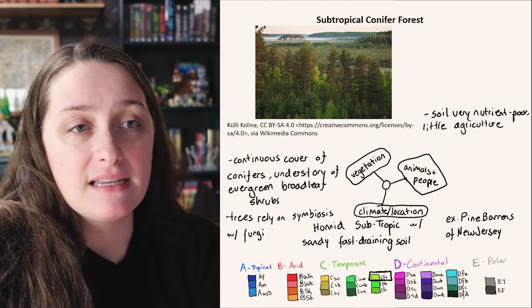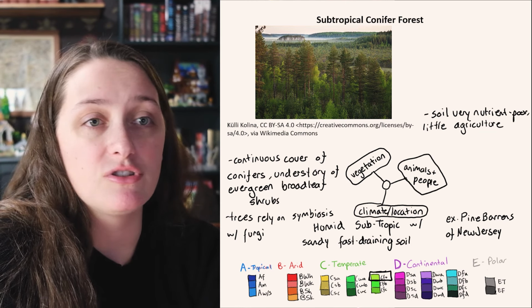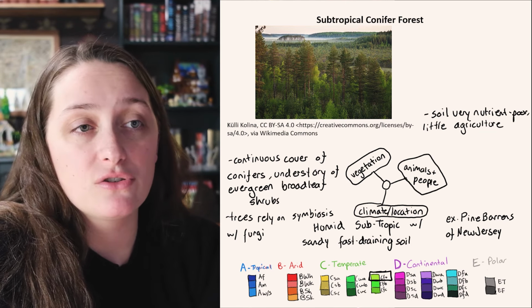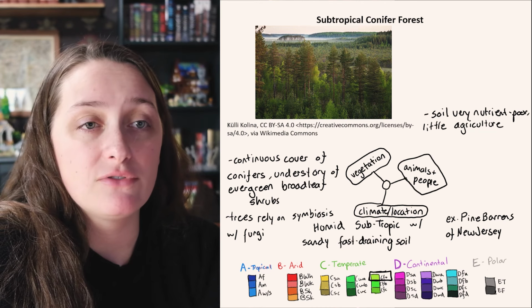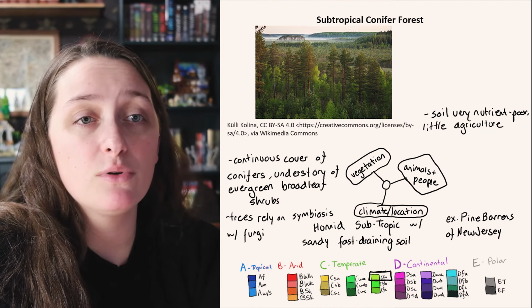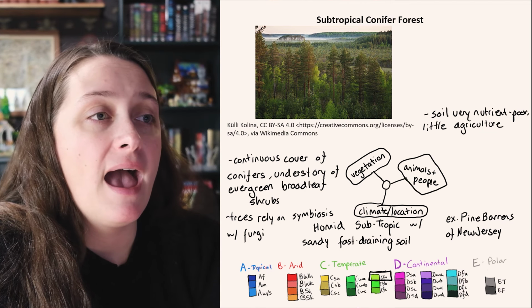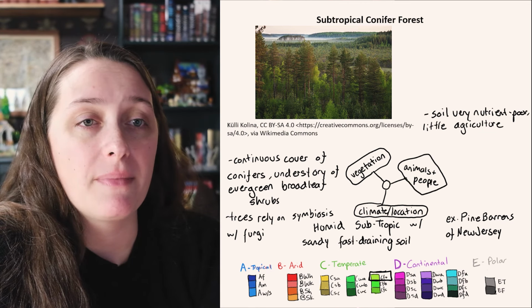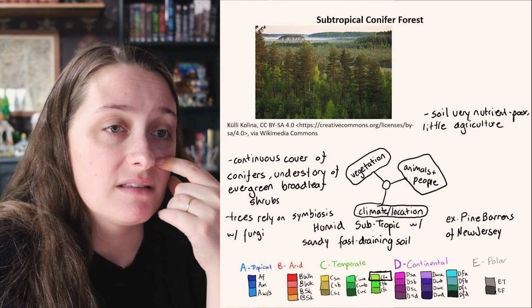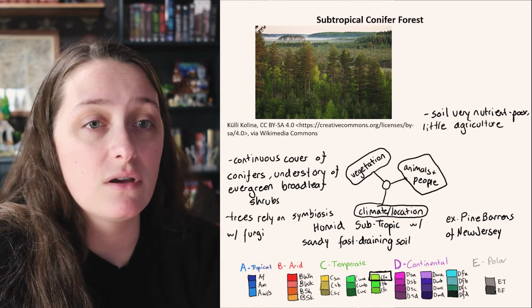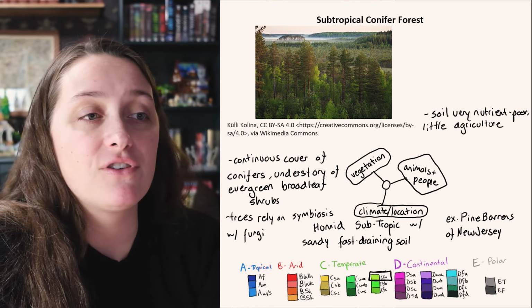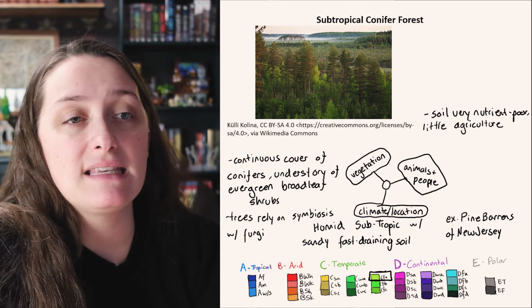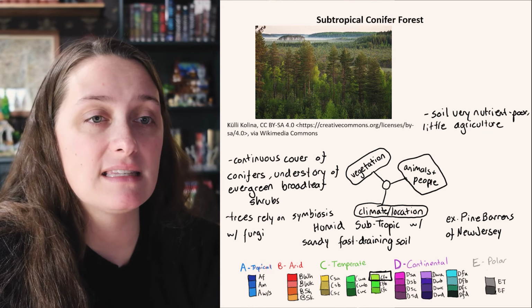Next, we have a subtropical conifer forest. And this is going to be a continuous cover of conifers, which is like pines, with understories of evergreen broadleaf shrubs. So think like azaleas, blueberries, that sort of thing. And these are mainly found in humid subtropic CFA climates where there are sandy, fast-draining soils, so nutrient poor. If the soil is heavier here, you will see a temperate broadleaf and mixed forest instead.